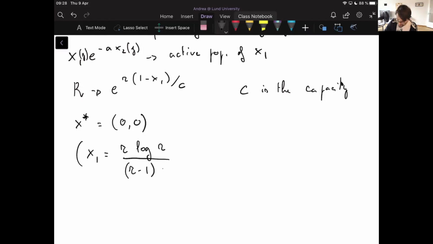So my notes are a little bit confused if this is big R or small r. I think this is big R. It is small r. So do you understand this character here? I've been scolded sometimes because my lowercase r looks like a drunken 2, but I hope it's clear that this is an r. So X1, so the population of the host, has this fixed point.